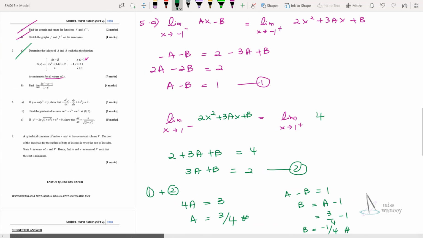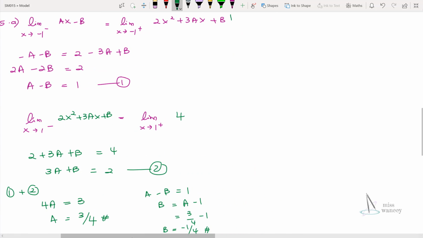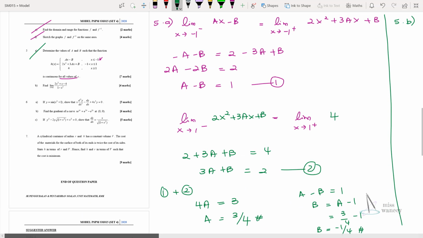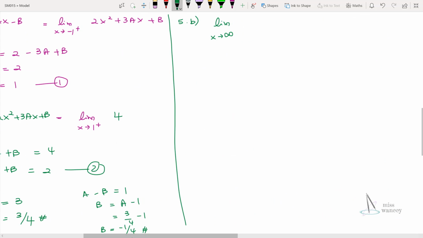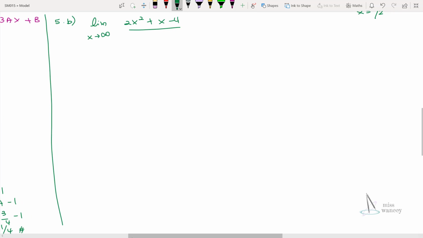Wasn't that similar to the previous one? So this is the limit for x approaching infinity of 2x squared plus x minus 4 over x squared minus 1.